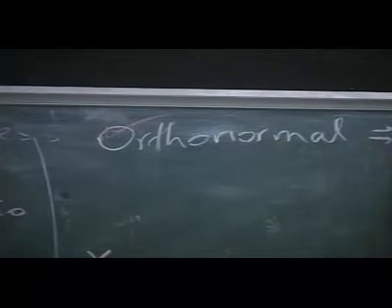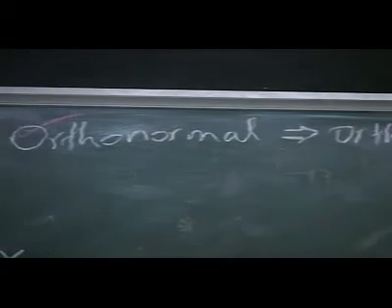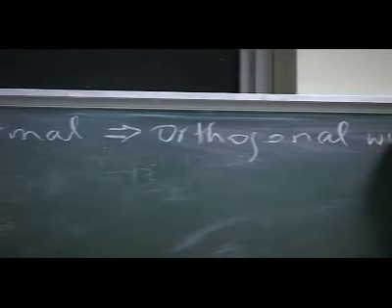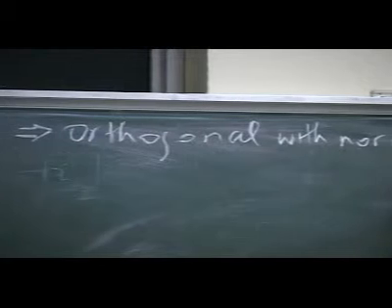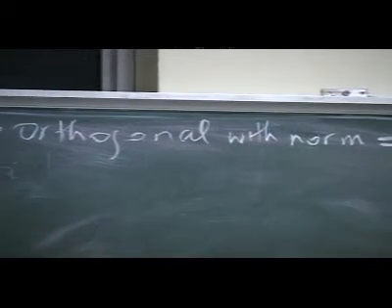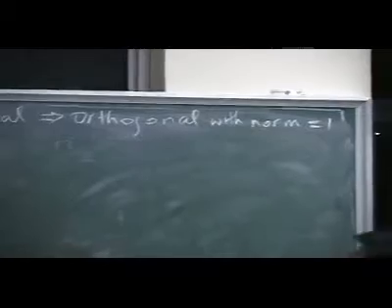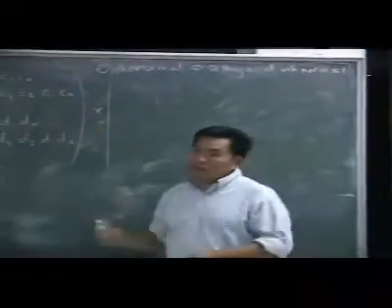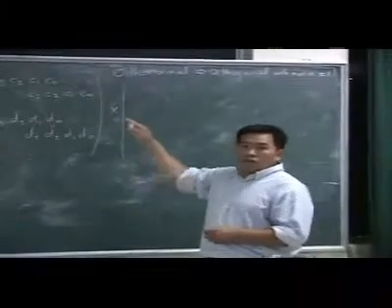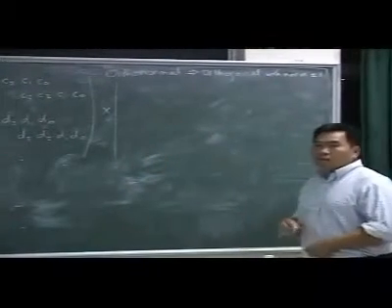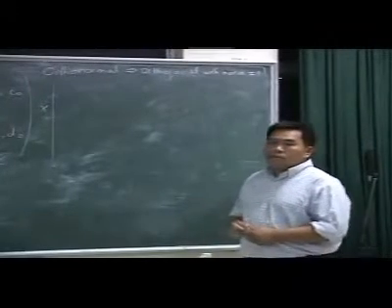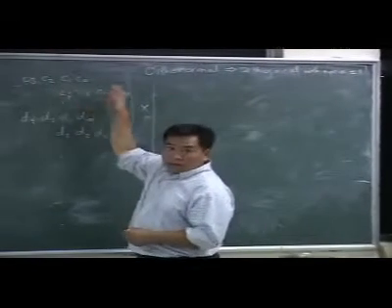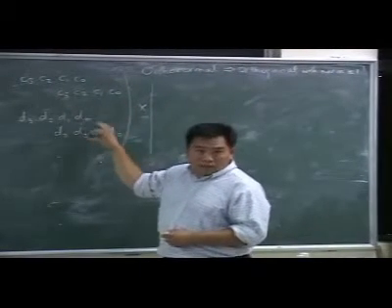Which means that it is orthogonal with unity norm. Okay? So how do we choose C and D such that this matrix is orthonormal? How do I make it orthonormal? You want the norm of this vector equal to 1, right?